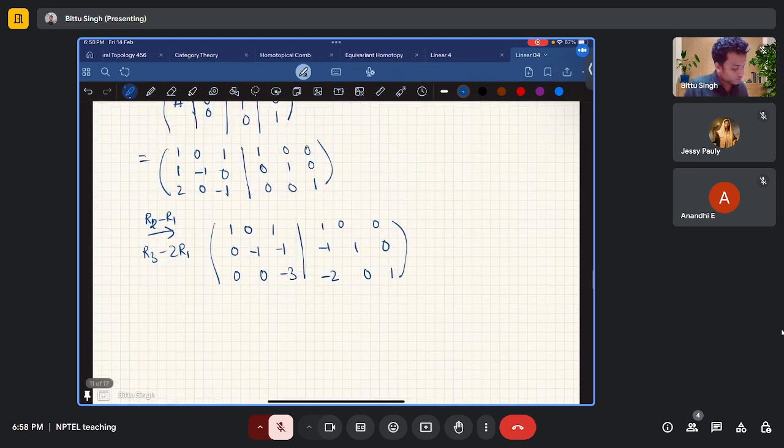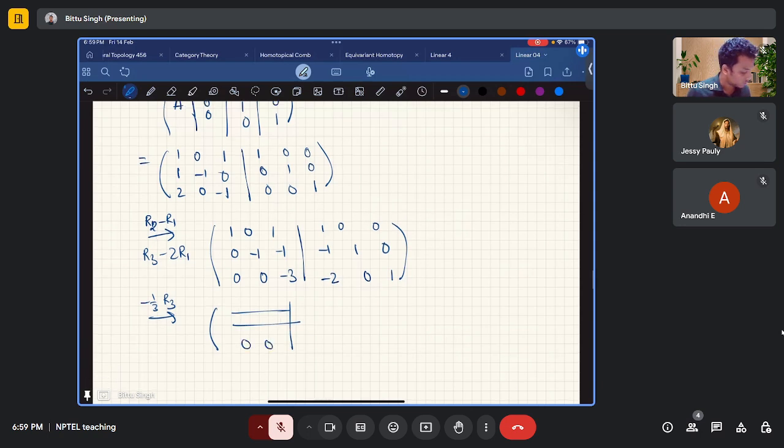So after that, we can simply perform minus 1/3 times R3. Everything is same, but the third row will change. So third row becomes 0, 0, minus 1, minus 2/3, 0, 1/3.